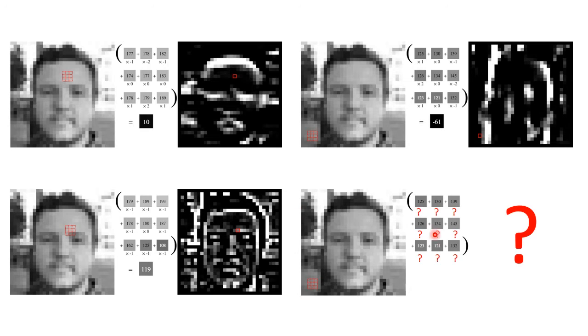And since we don't know what features are the best to recognize a particular type of images in a given problem, the idea behind convolutional networks is to treat the values of the kernel as parameters to be learned. And of course, we will not use only one kernel, but a set of many kernels.